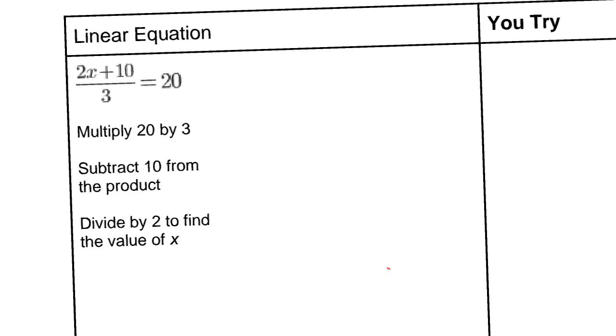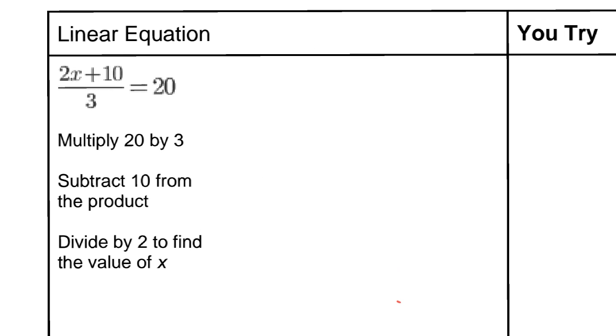Okay, so right now we have 2x plus 10 over 3 is equal to 20. In order to solve this problem, we're going to have 3 basic steps. We're going to multiply by the bottom number, and then after we've multiplied by the bottom number, we get our final solution.